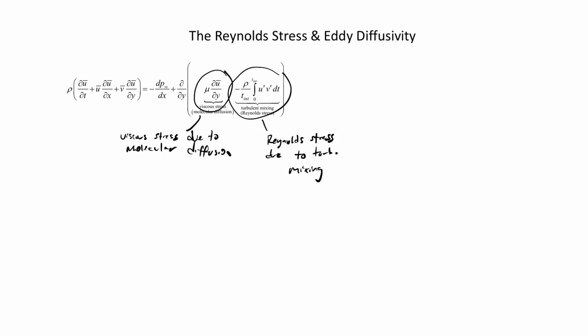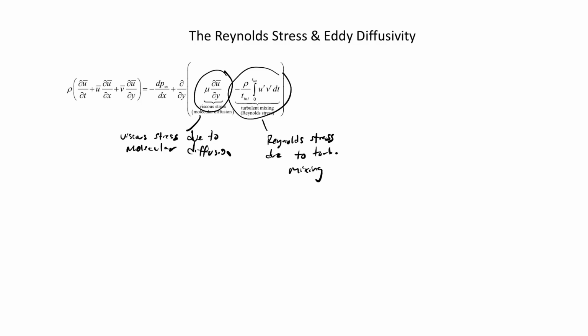It's clear that the first term, mu du dy, the contribution of the viscous stress due to molecular diffusion, is proportional to the velocity gradient du dy. But what you might not realize is that if you look at that second term, it doesn't look like it's proportional to that same gradient. It looks like it's just a function of u prime and v prime.